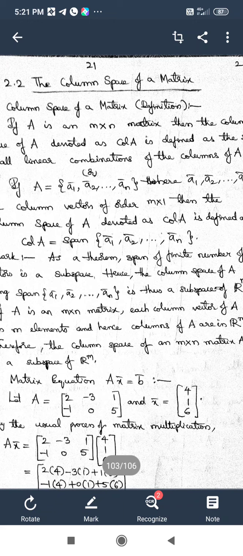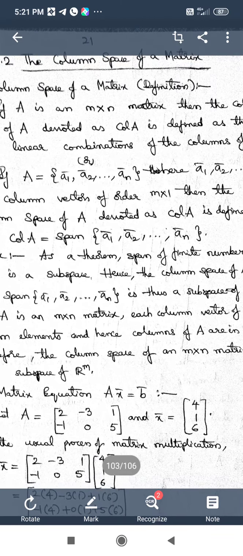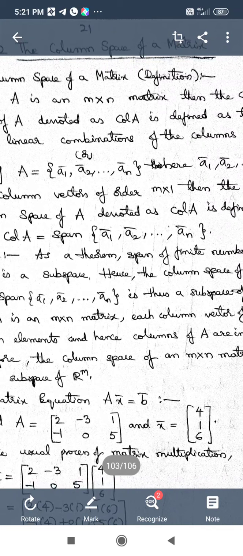So that means the column space of A, which in the above definition we have seen as the set of all linear combinations of the columns of the matrix A, is now denoted in this second form of the definition as the span of a1 bar, a2 bar, so on, an bar.